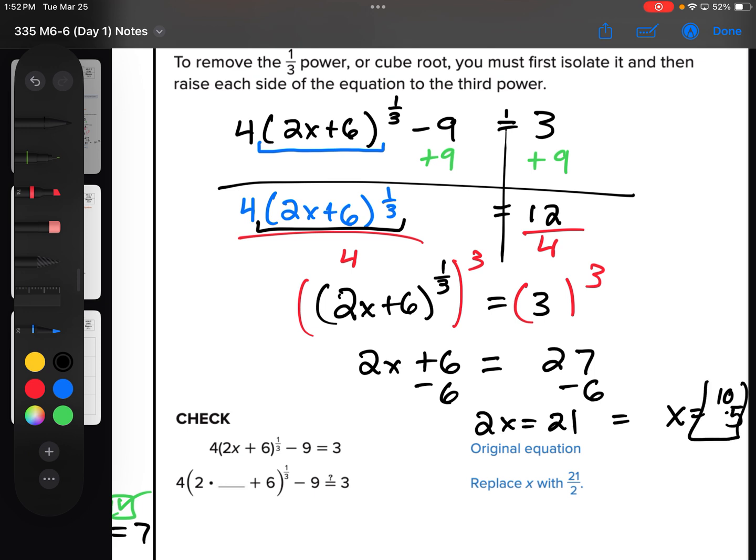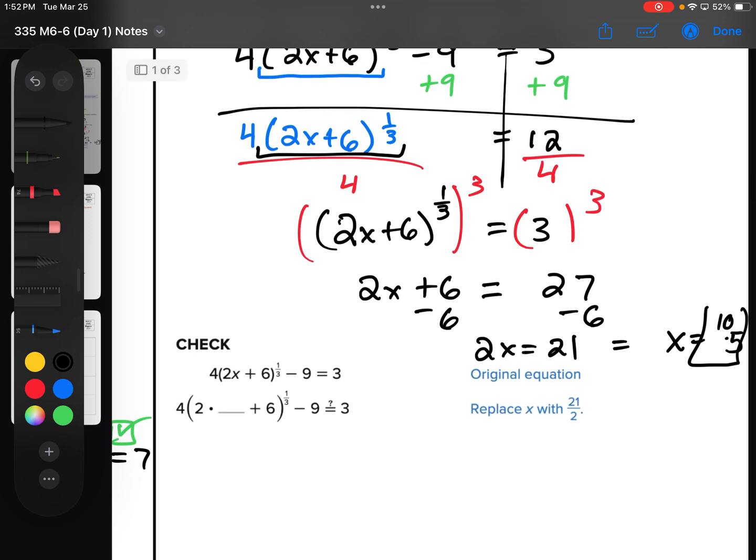And you should get x equals 10.5. And all you got to do to test this out is once again substitute it back in. So we're going to try to plug in the 10.5. If it works, then you'll see. Once you plug it in, you'll find out it does work.